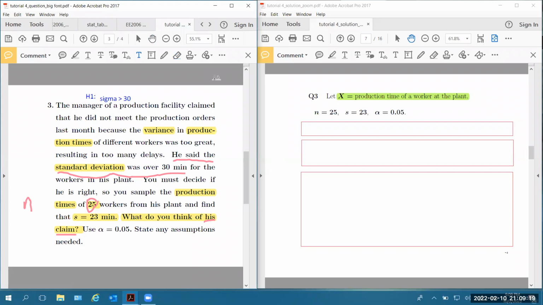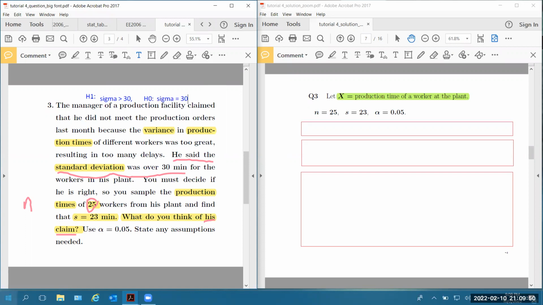All right, so that's what he thinks. So H1 is sigma more than 30. And of course, you all know the H naught. H naught must also be sigma, it cannot be a different thing. And then here, we always put equal. It must be the same number. So this is your H naught, this is your H1. Everybody okay here?